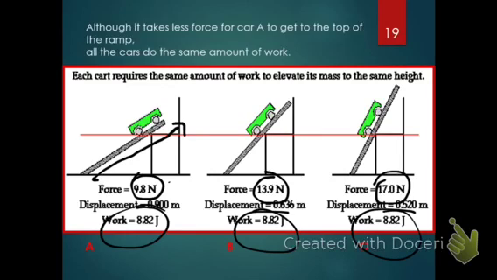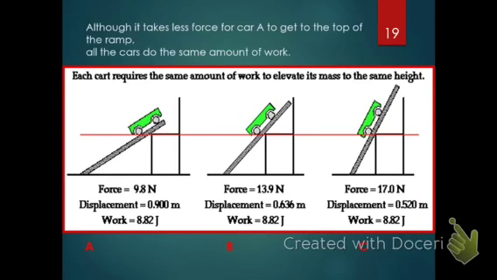You're doing the same amount of work. So you decide, do you want to exert 17 newtons of force, right, to do 8.82 joules of work? Or do you want to exert 9.8 newtons of force to do the same amount of work? Simple machines make work easier.